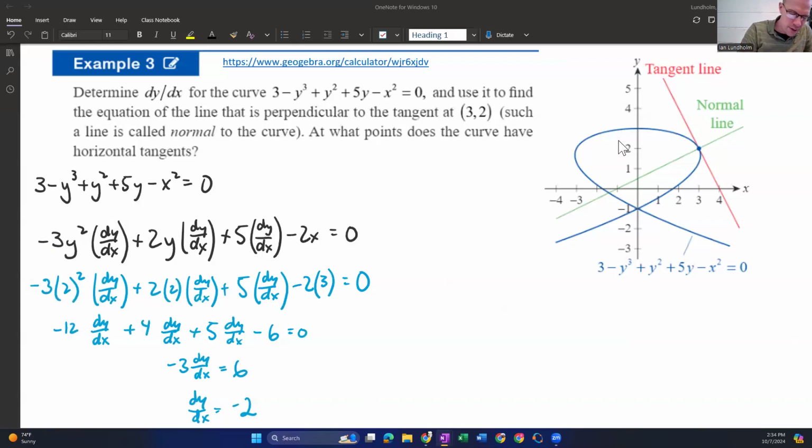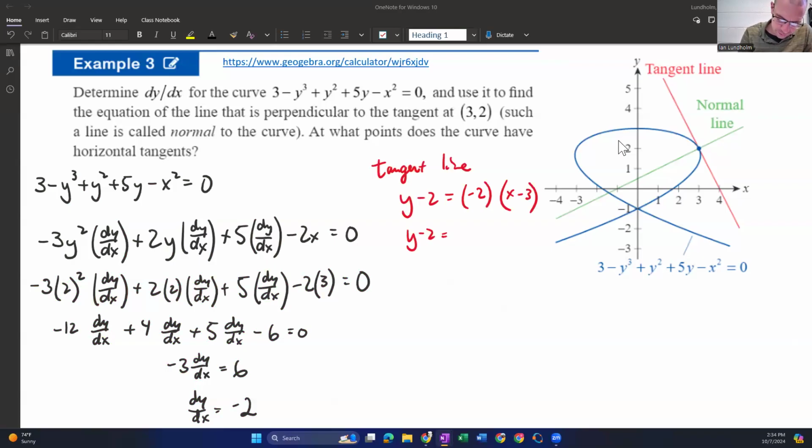And if we wanted to find that red tangent line, we could use that slope of -2 and go y minus the y value, which is 2, equals m, which is -2, times x minus the x value, which is 3. And so, if we shake this out, -2x plus 6, y equals -2x plus 8.